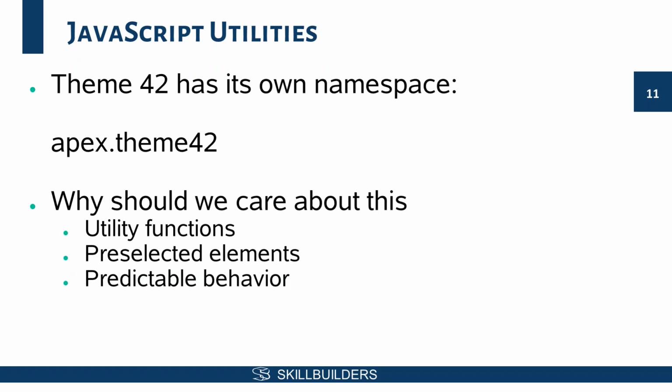And why should we care about this at all? Well, in theme 42, it has a lot of utility functions. It has a lot of pre-selected elements that you can just reference. And it also helps us create predictable behavior.